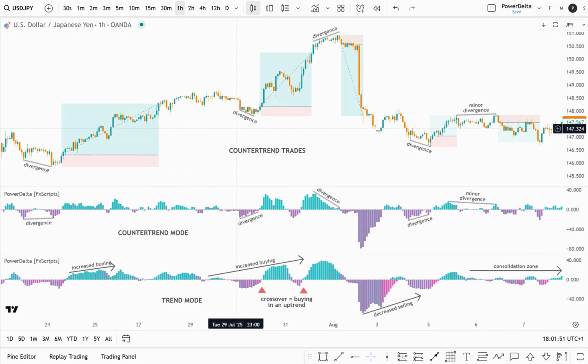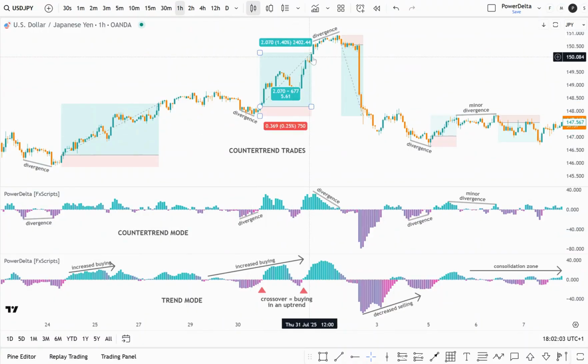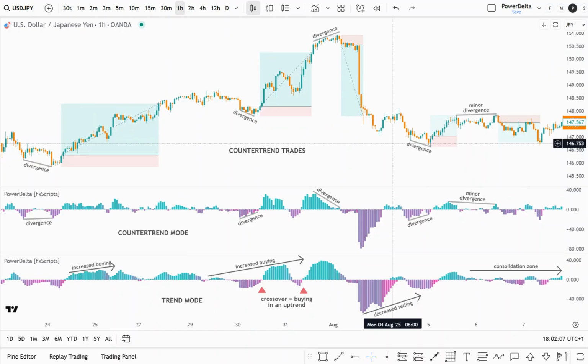There was another divergence you can see here. Price makes a lower low, and you can see the delta tails off, showing that there's going to be some upside all the way up here, and then another divergence, this time to the downside, so on and so forth. See all these lovely divergences.